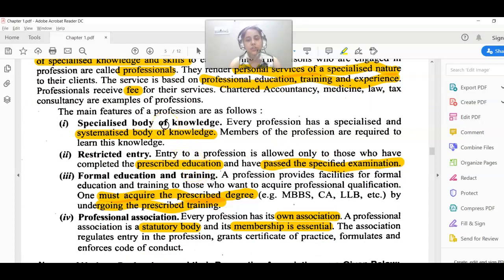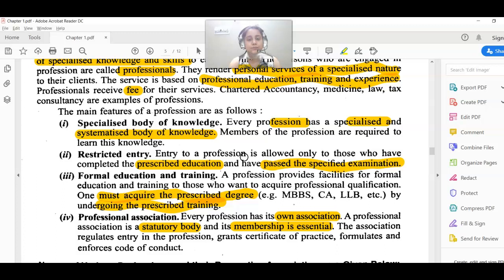Specialized body of knowledge. Every profession has a specialized and systematized body of knowledge. For example, CA and CS have their own institutes with that systematized body of knowledge, and as a member we are required to learn that knowledge first. Restricted entry: entry to a profession is allowed only to those who have completed and passed the specified examination.